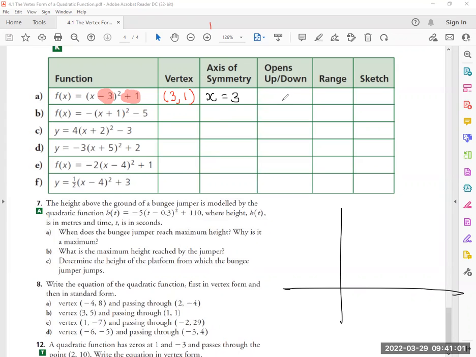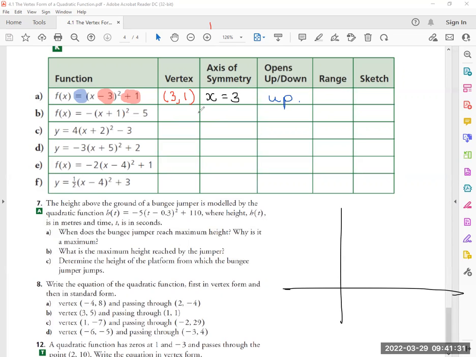Next, now that we pulled some information out from h and k, let's look at a. Does it open up or does it open down? Yeah, absolutely. The a value in front of that bracket is positive, so I know it's going to open up. And before I talk about the range, because I didn't give you an example of a range, let's quickly sketch it just from this.